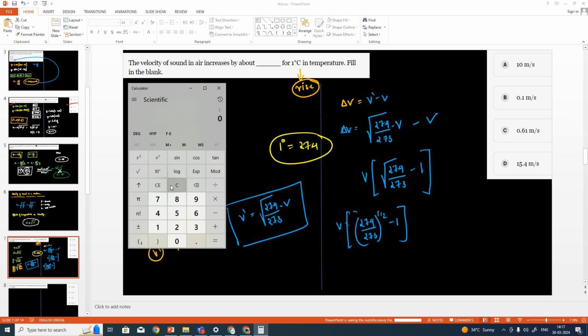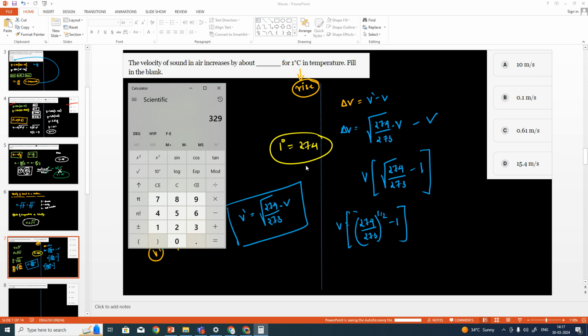I think it got cancelled. 274 divided by 273, and here it is under the square root, and here it is minus 1, multiplied by V naught. And what is the velocity of sound? It should be 330. Are we getting it somewhere around 320? Something is wrong. I will check again.